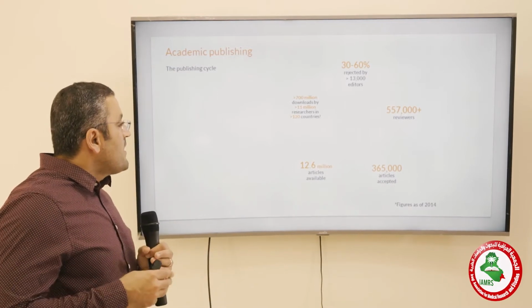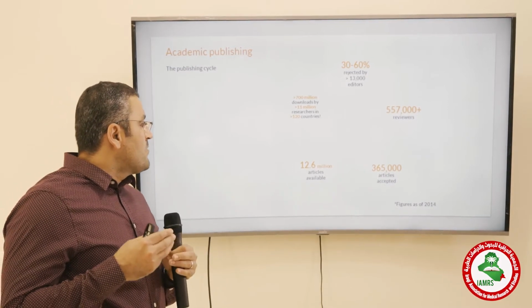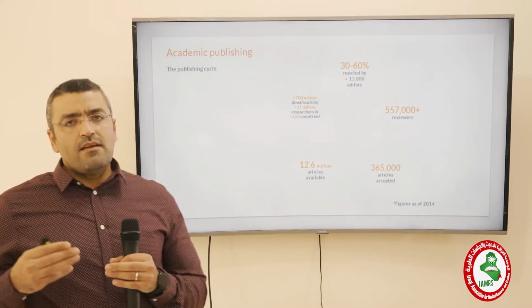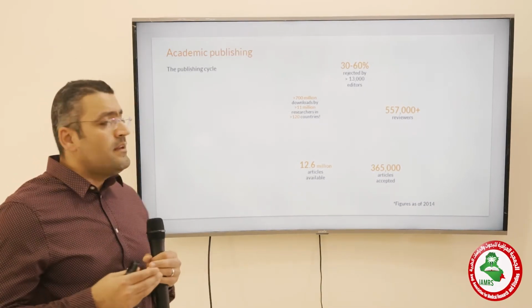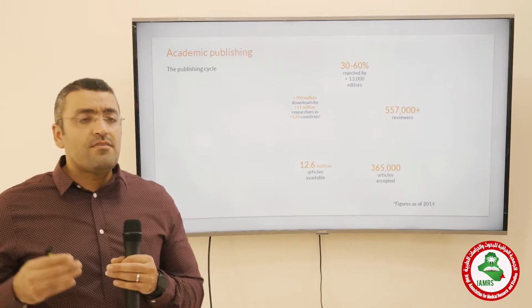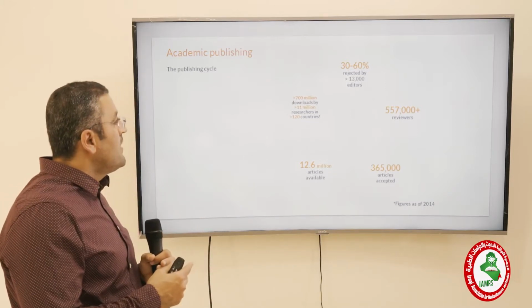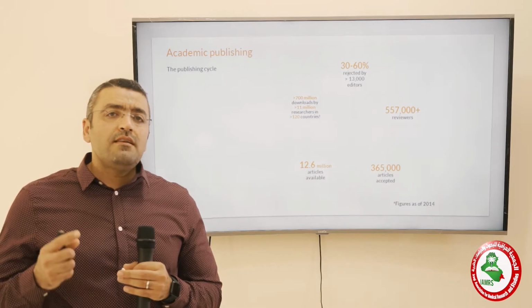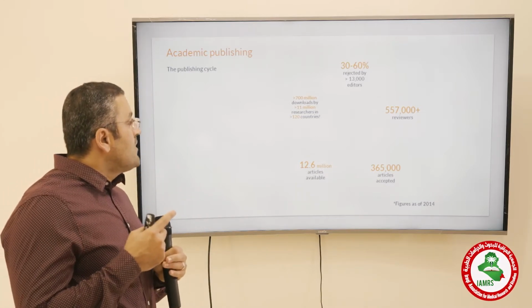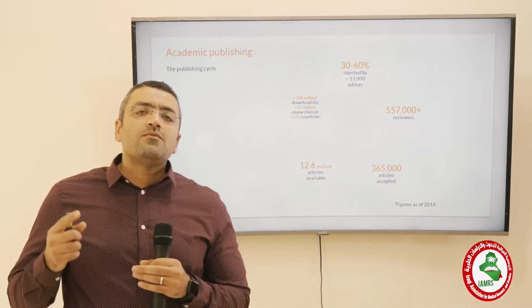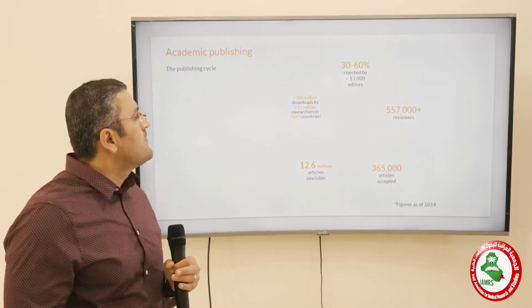So there are around 12 million articles available on the internet, and there are more than 700 million downloads. This is by the year 2014. There are more than 11 million researchers who downloaded these articles in more than 120 countries.